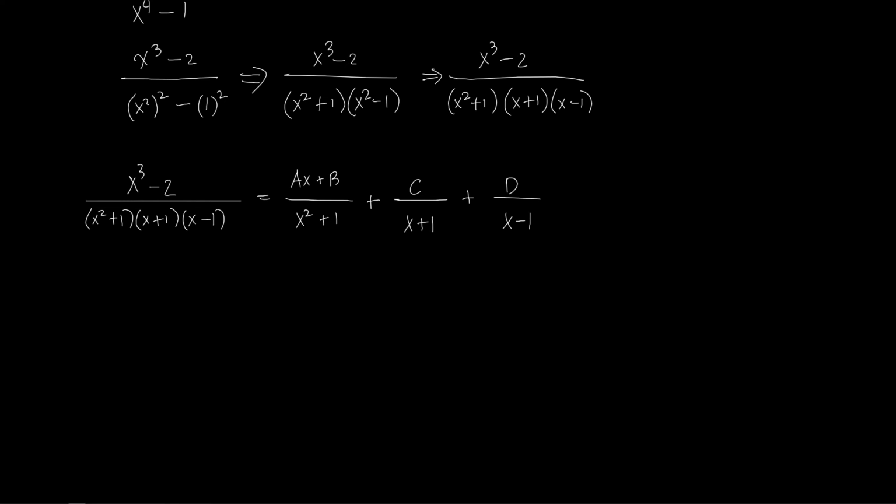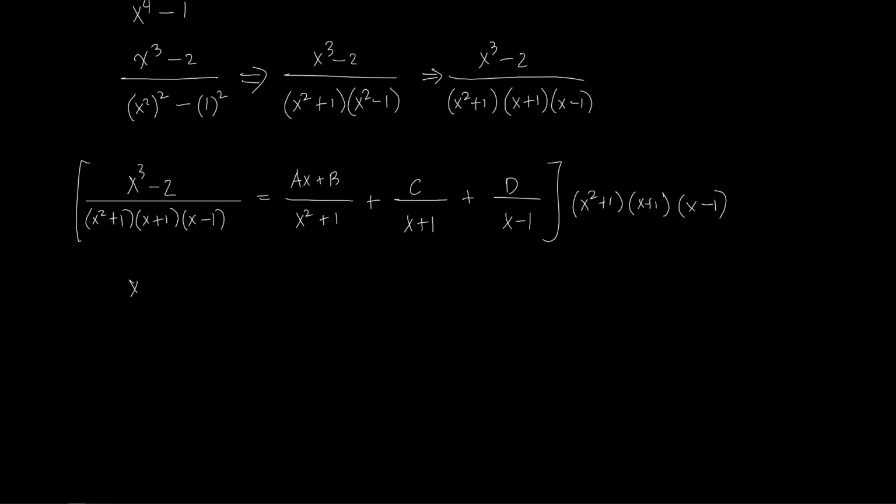Next is, sa ganitong buhaton, i-multiply na to both sides by kana quadratic, we have x squared plus 1 times x plus 1 times x minus 1. Then, probably makancel out na siya.